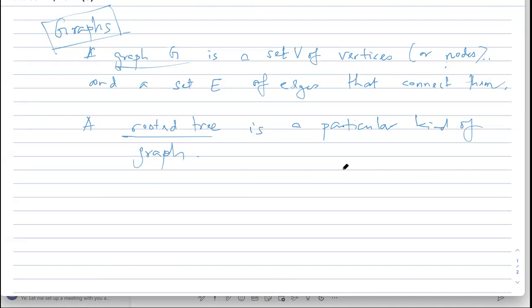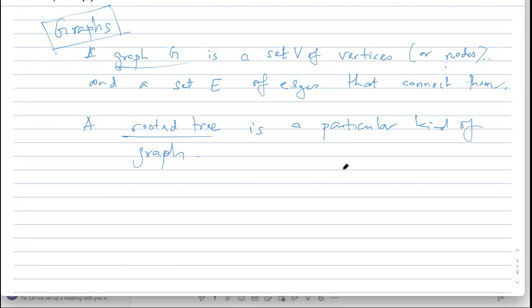How did we define a tree when we were entering into the topic of trees? You take any 2 nodes. Could there be more than one path? No, so there has to be exactly one path between them.